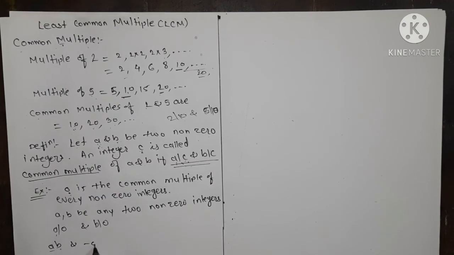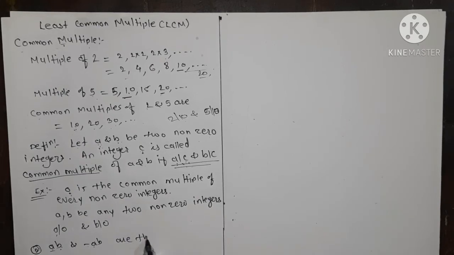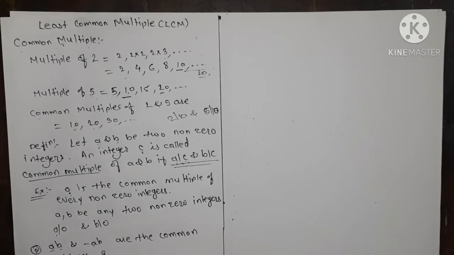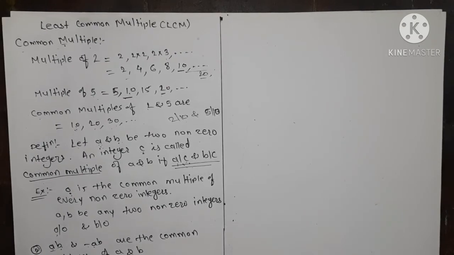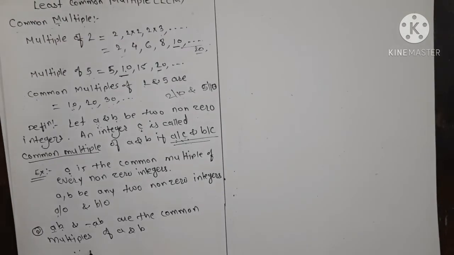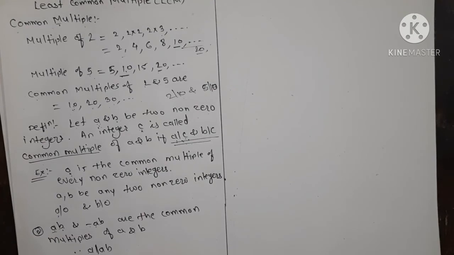We take a second example: the product AB and the product minus AB are common multiples of A and B. Since A divides AB, because the A gets cancelled, A divides AB and B divides AB.